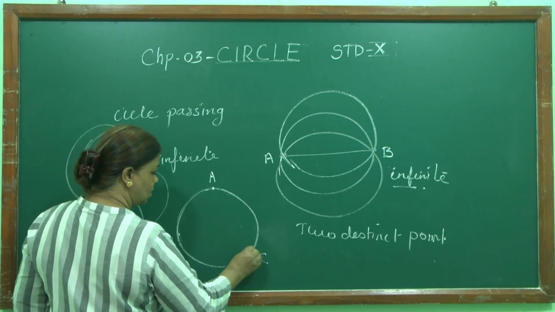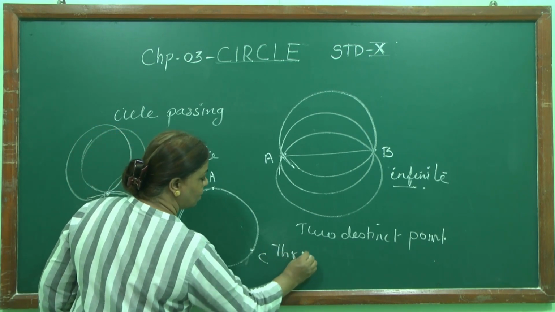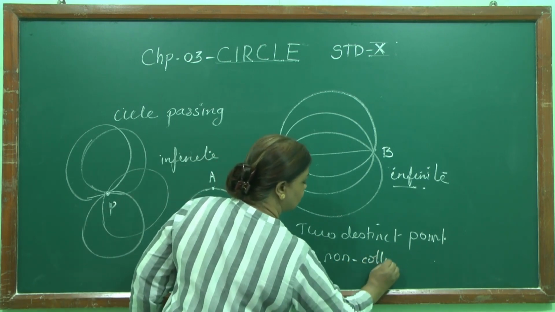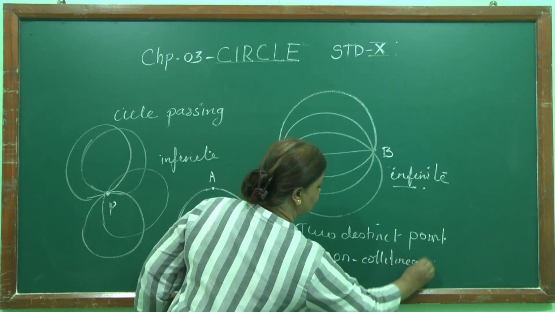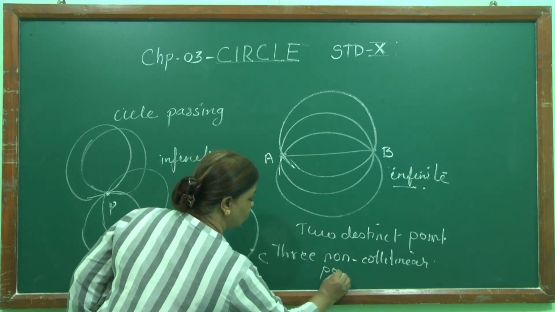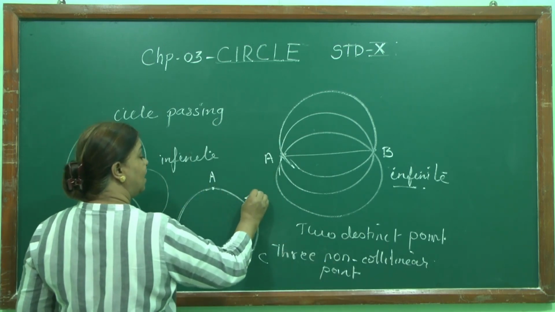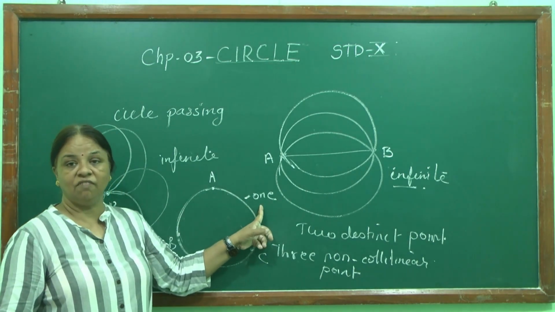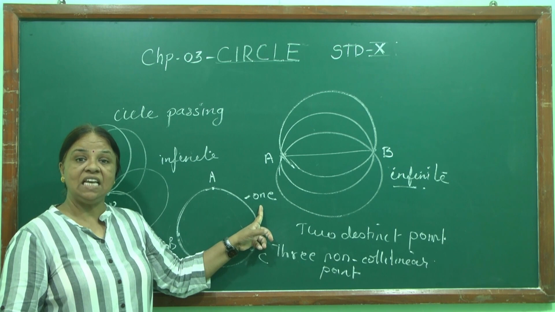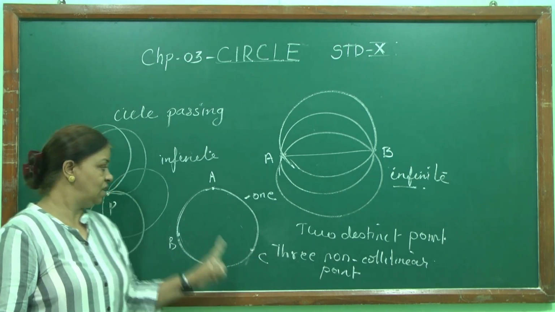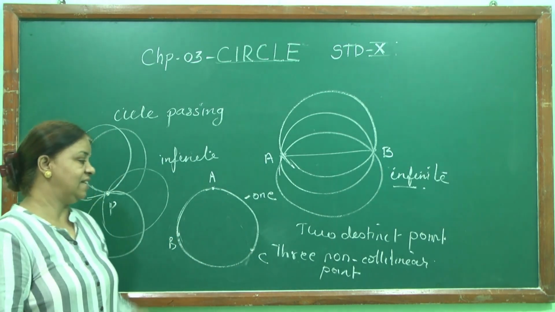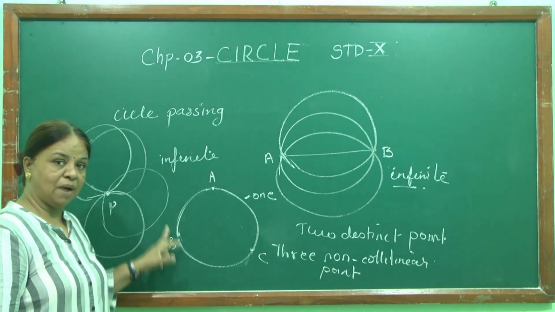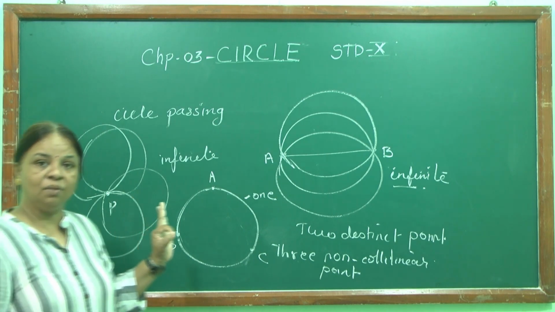That means from three non-collinear points, only one circle can pass. These points are not in one line, and therefore one circle can pass through these three non-collinear points.